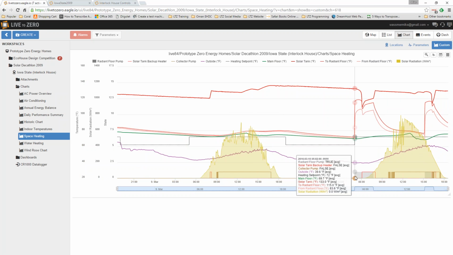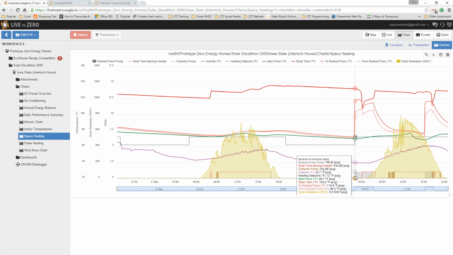Usually what happens in the winter, when there's very little solar heat being collected, is the red line appears about a half hour after the gray line starts. And that means that the tank is using whatever heat it had left over from yesterday or the previous time it was on, and then the backup heating element has to come on.